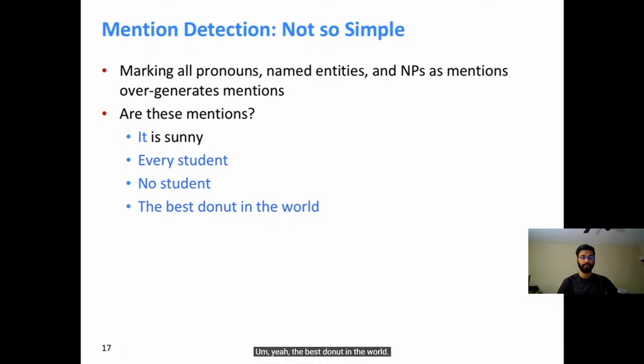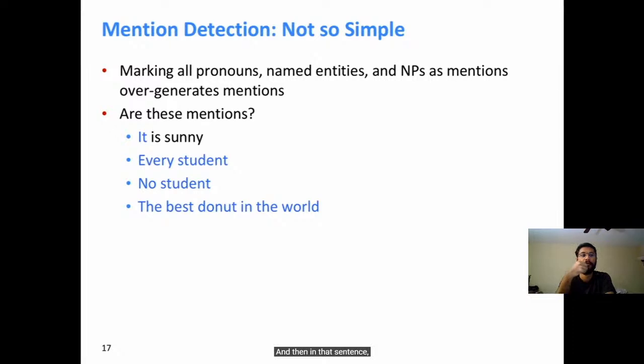You know, the best donut in the world. Does that have reference? That's unclear. This is the kind of thing that actual philosophers of language debate over. So if there was agreement on what the best donut in the world is, then maybe it has reference. But I can say sentences like, I'm searching everywhere to find the best donut in the world.